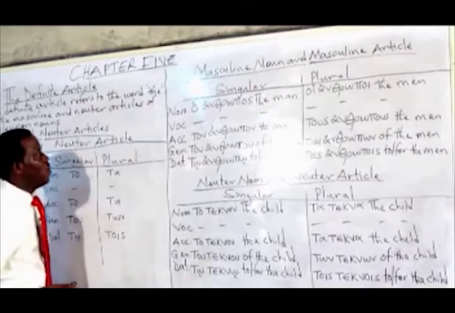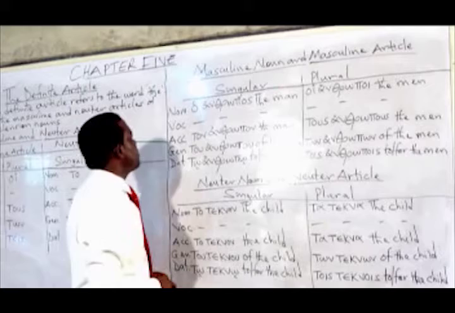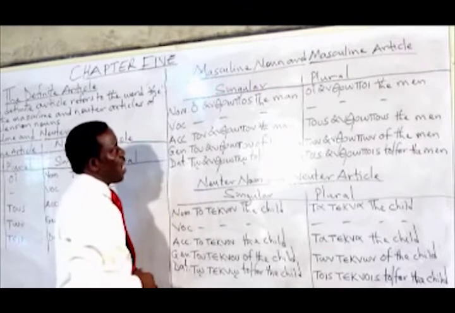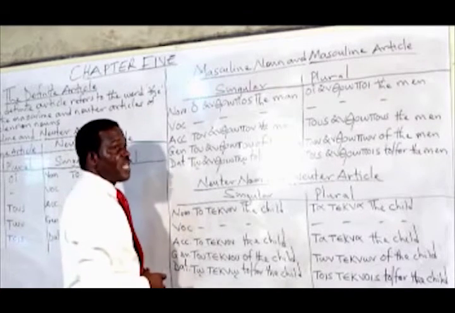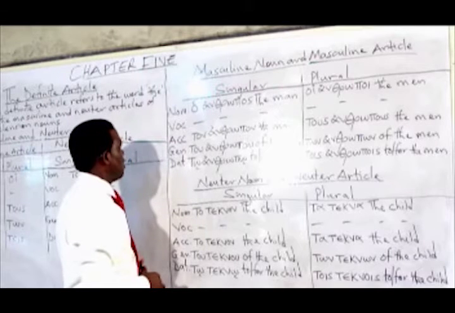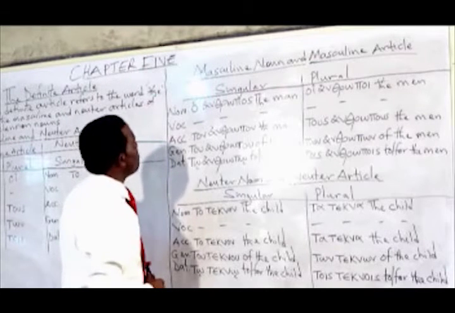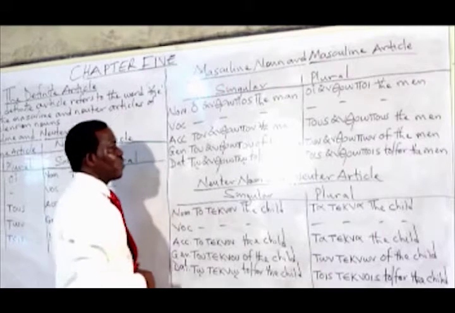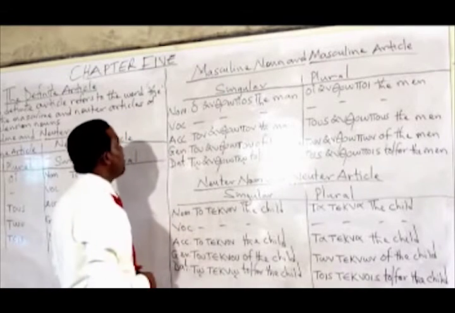Let's look at how the articles are used with the masculine nouns and the neuter nouns of second declension. We look at masculine noun and masculine adjective first, singular and plural.